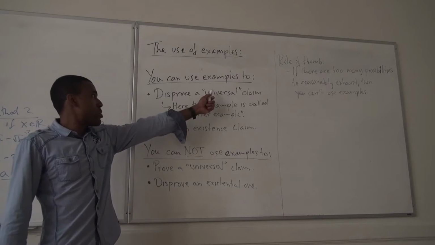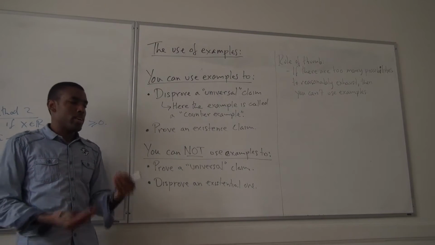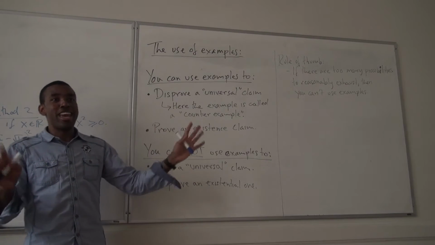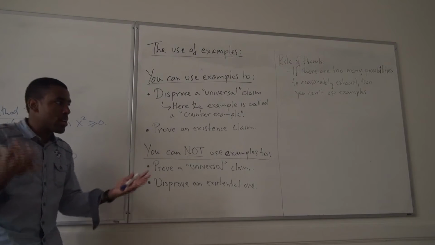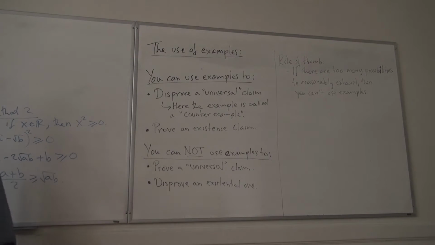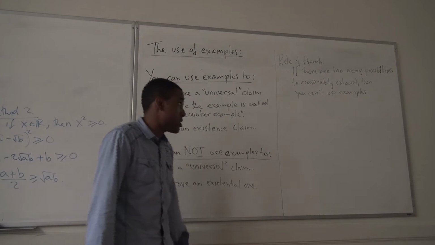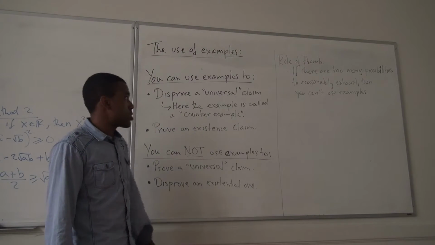But I put universal in quotes because you can have a claim like, let A be the set {1, 2}, just two elements. For all x in A, blah. Then it's reasonable. If you just have two elements, depending on the claim, you could reasonably go through all possible cases with 1 and 2 and prove it on a case-by-case basis, which you'd call cases, not really examples, but that's sort of what I mean.